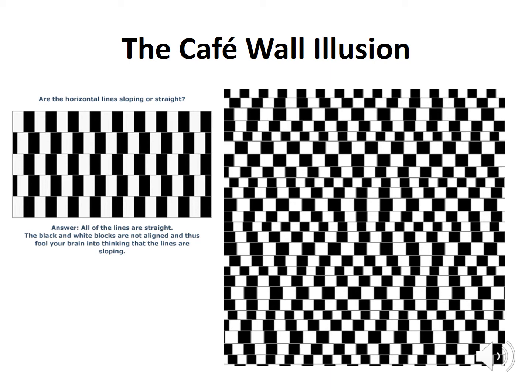So if the rows of black and white tiles were right on top of each other with no border, our brains could more easily see where the corners line up or don't. So with a narrow gray line between the rows, our brains can't quite lock down where things are happening in relation to each other. So this is one possible explanation, but I think that's not the end of the story.